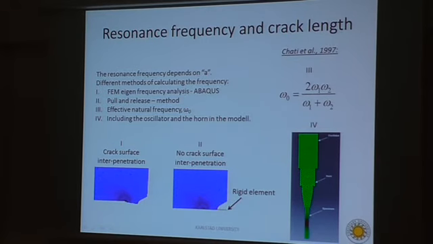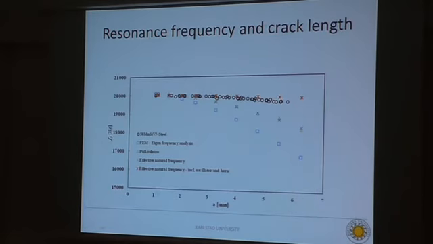And the result from this last model agreed almost perfectly with the experimental results, where we have the effective natural frequency, including the oscillator and the horn. So with this model, we accepted it, and we did not try to improve it further.